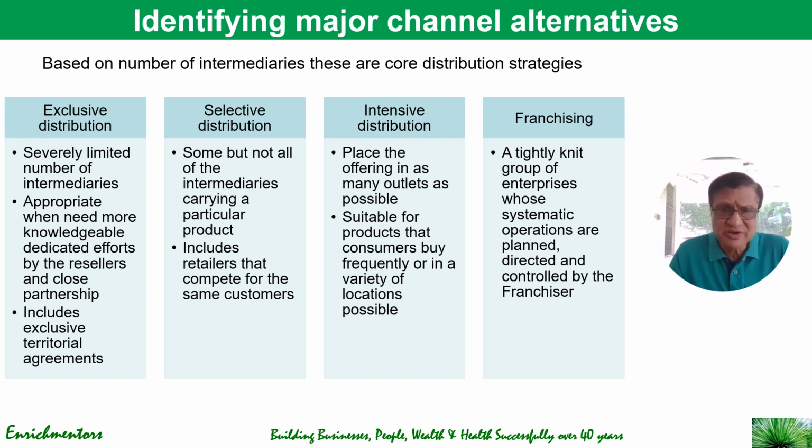The last kind of distribution strategy is franchising, in which a tightly knit group of enterprises whose systematic operations are planned, directed and controlled by the franchisor. An example is, of course, KFC or McDonald's, where they very ferociously control the operations of the franchisee.